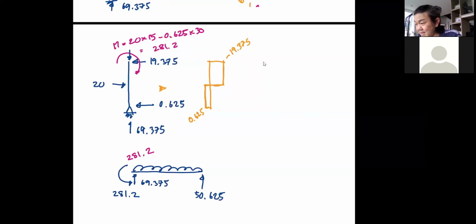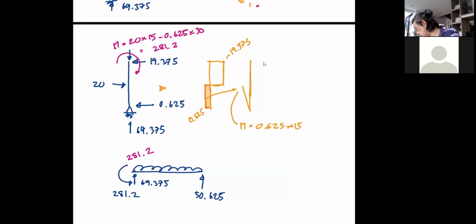And because this is the positive area, you should have the positive moment value here equal to the area of this. That is, the moment here is equal to 0.625 multiplied by 15, which is only 9.4.